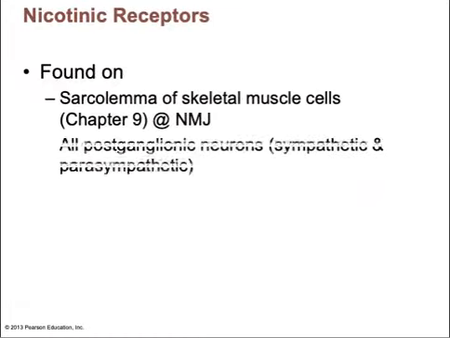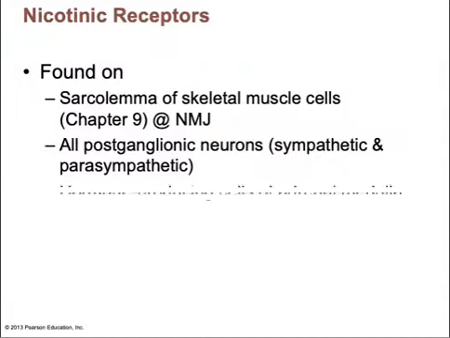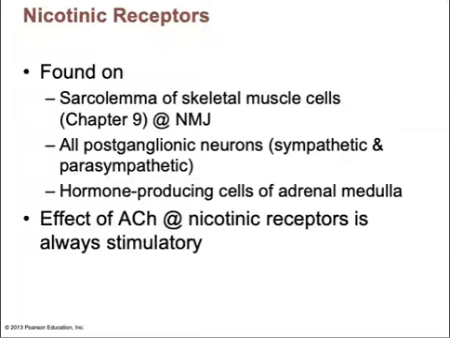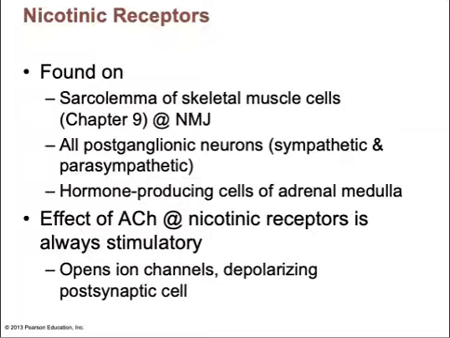Nicotinic receptors are found on the sarcolemma of skeletal muscle cells at the neuromuscular junction, and all postganglionic neurons, whether they be sympathetic or parasympathetic, and also the hormone-producing cells of the medulla. And the effect of acetylcholine is always stimulatory. Okay, so that's relatively straightforward.